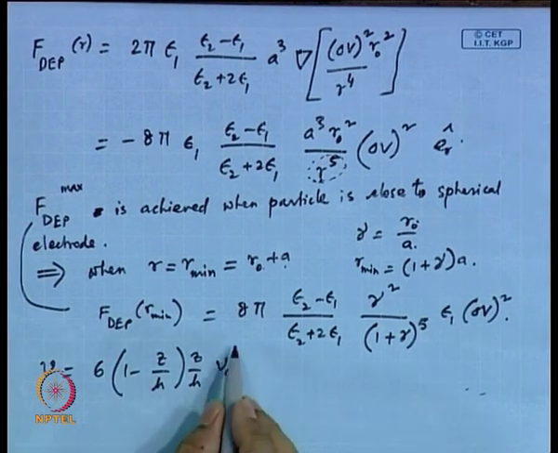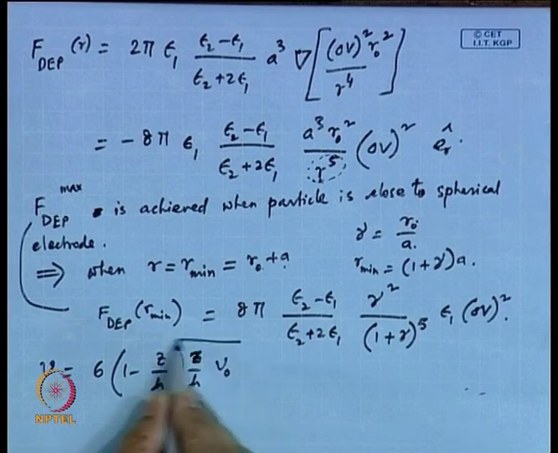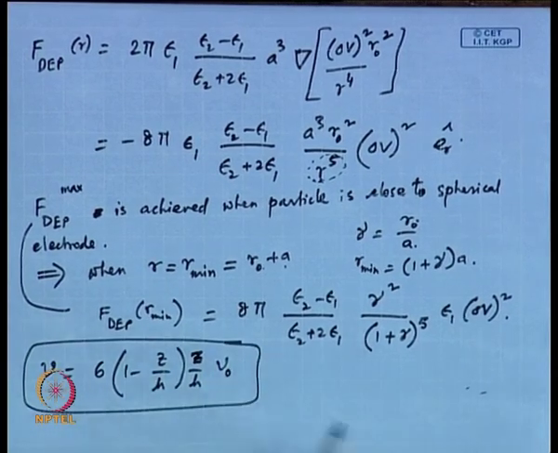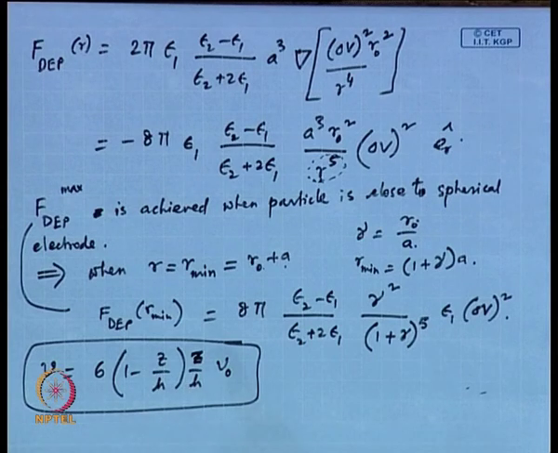This is the parabolic velocity profile in a rectangular channel. If it had been a circular channel, you would have 2 v naught into 1 minus r by capital R whole square. So, this is the expression for velocity.